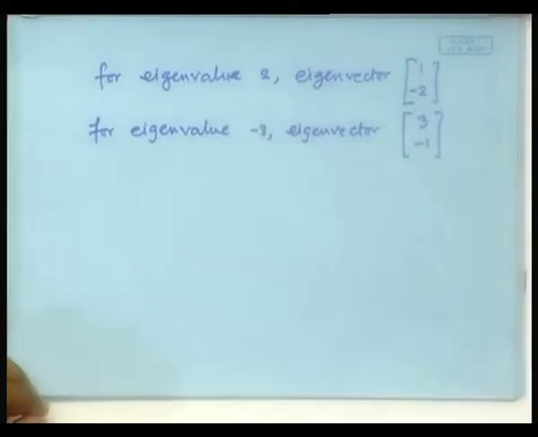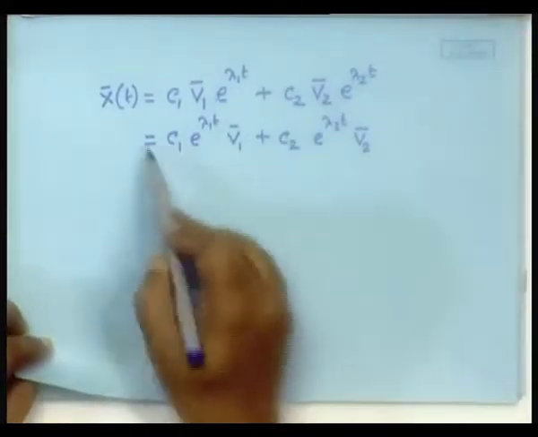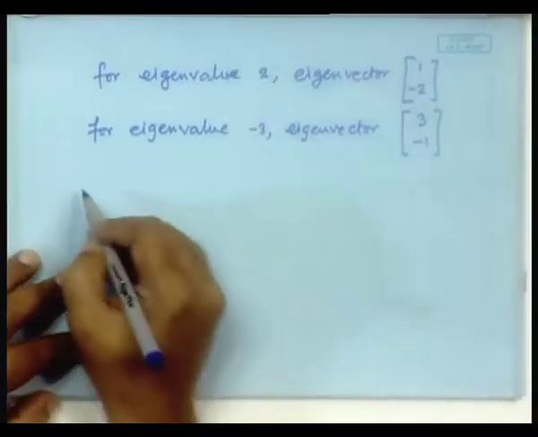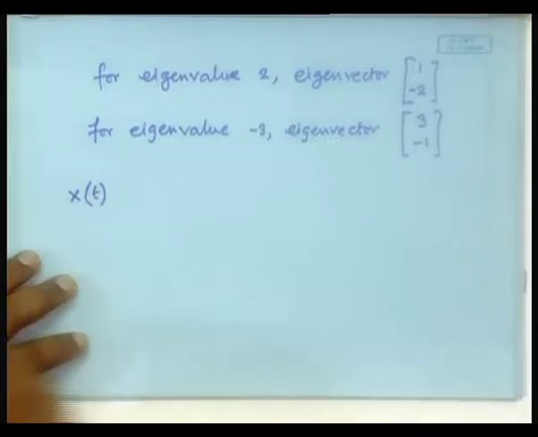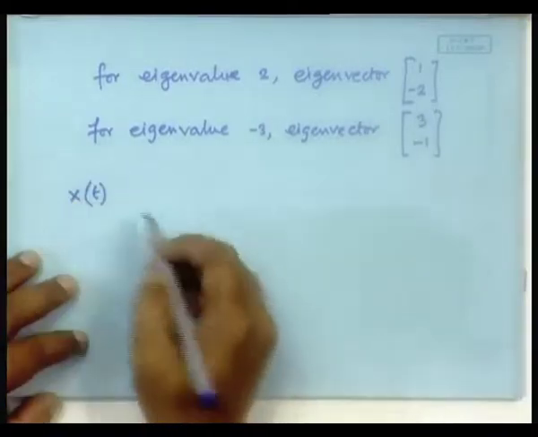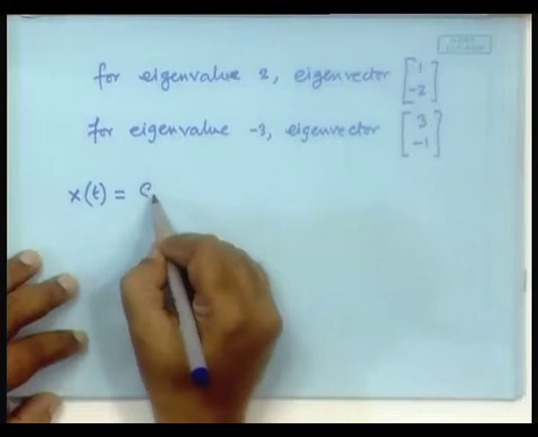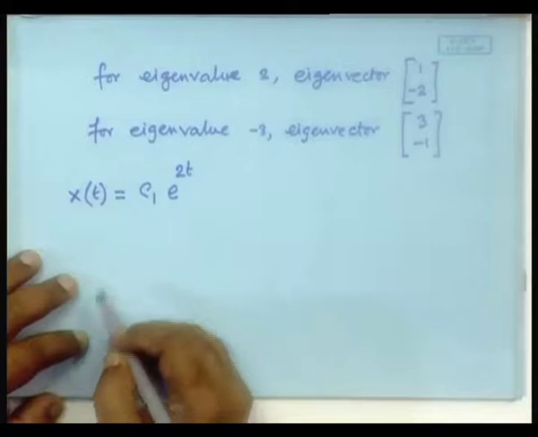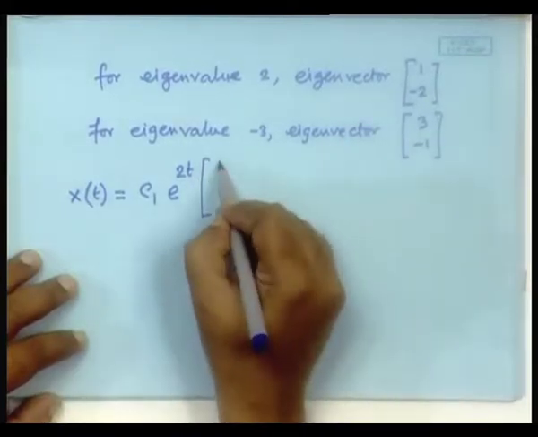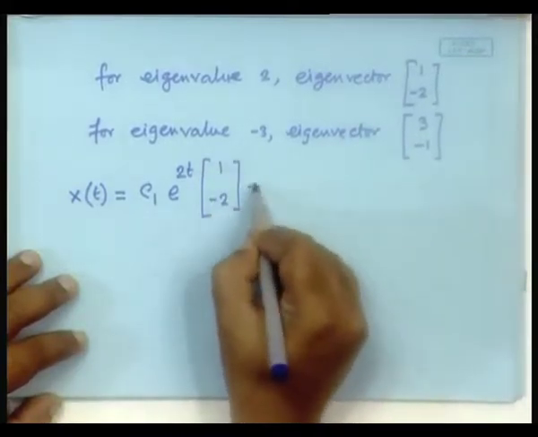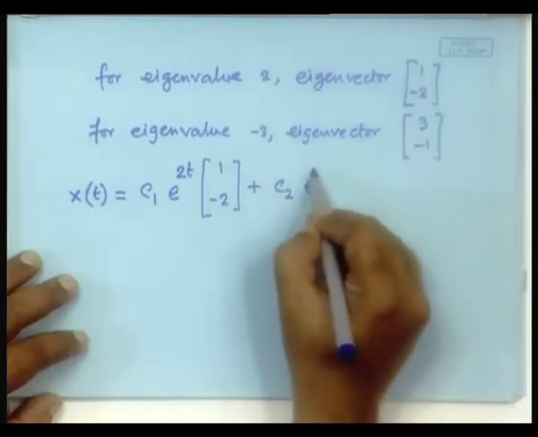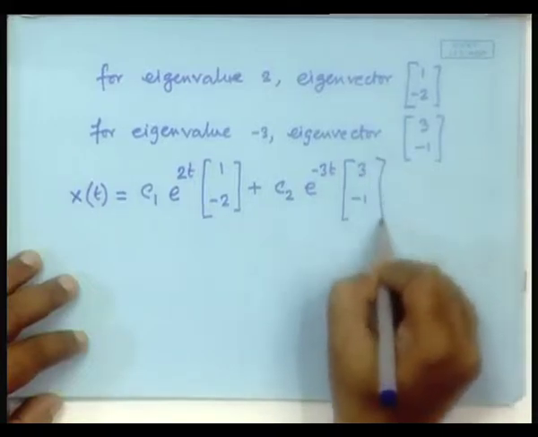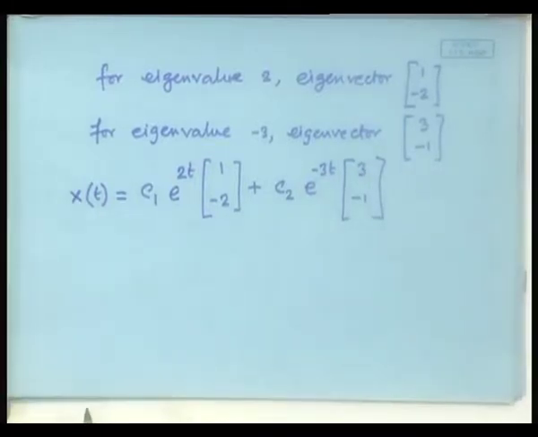Now, you have to write it like this, which means we can say that x of t is equal to C 1 e to the power twice t times this eigenvector plus C 2 e to the power minus 3 t times this eigenvector. Fine.